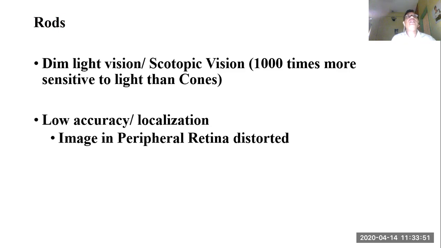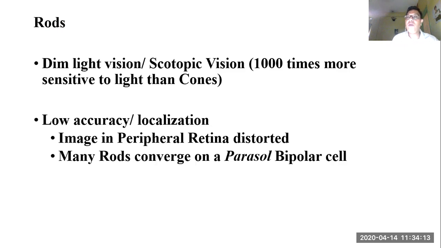Whereas accuracy at the fovea, the central portion of the eye, is very high because the image is highly conserved. It is a very good image, and all the media like the cornea, the lens will provide the highest amount of accurate focus on the fovea. The second reason why the accuracy is low is because many rods will converge on a bipolar cell.